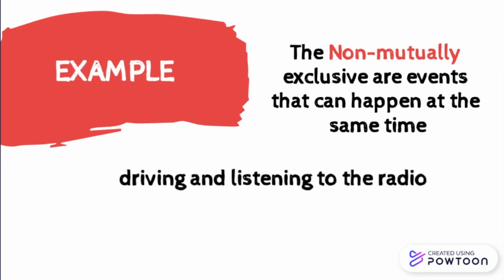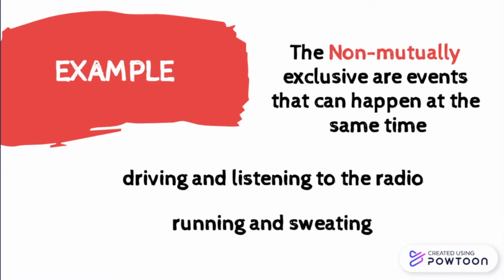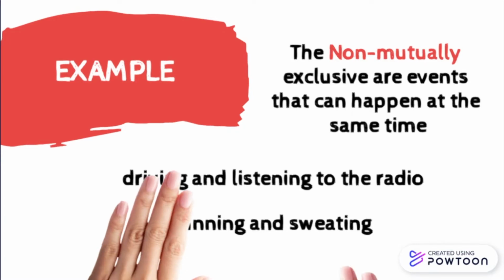For example, driving and listening to the radio, or running and sweating, because driving and listening to the radio can happen at the same time. Also, running and sweating can happen at the same time.